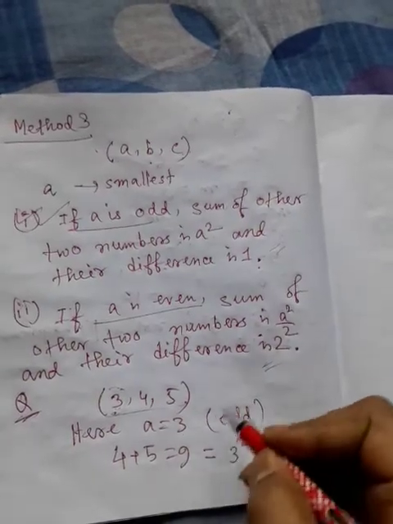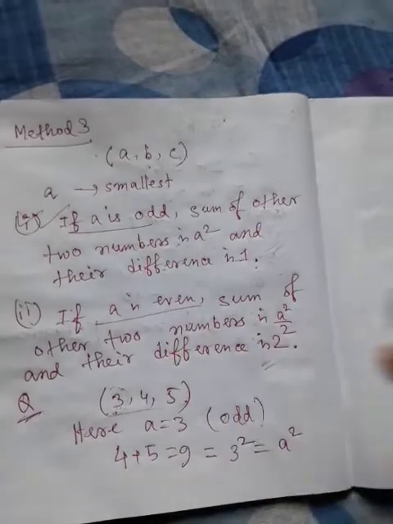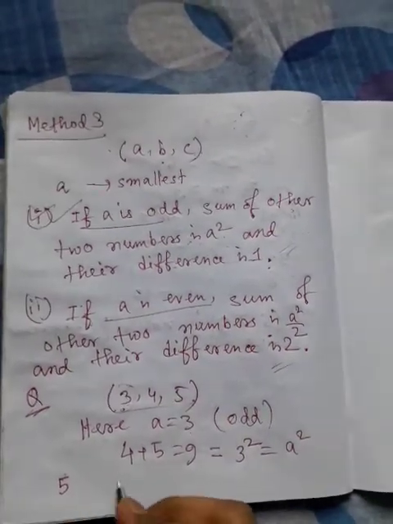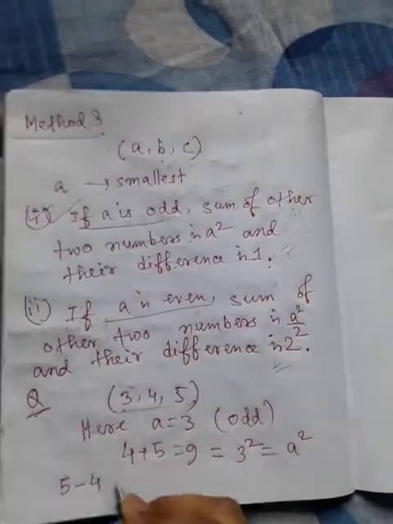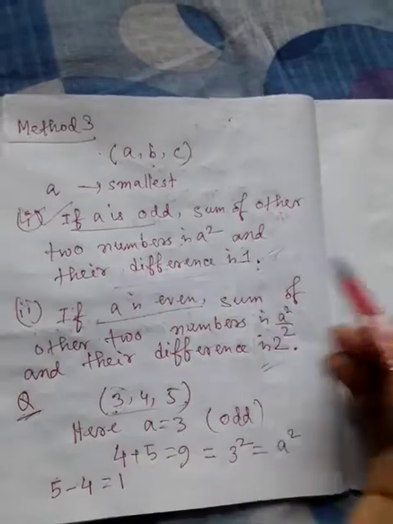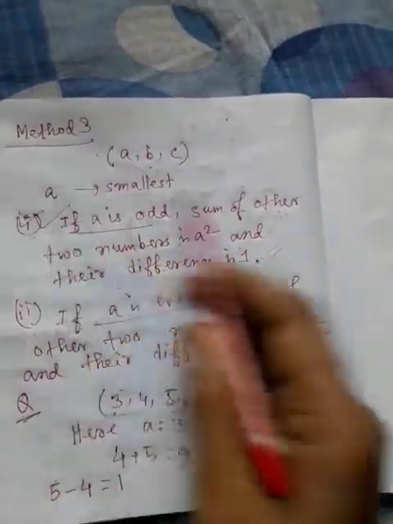So it is satisfying. We also have to check the difference. Subtract the smaller one from the larger one: 5 minus 4 is equal to 1. Their difference is 1. So 3, 4, 5 satisfies this.